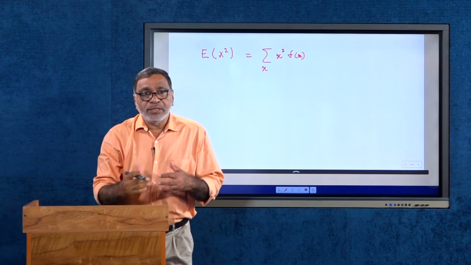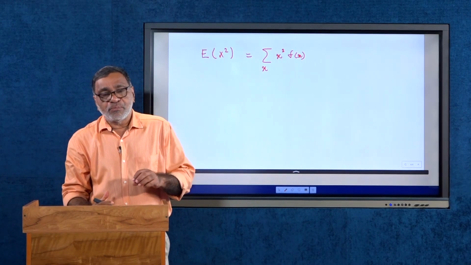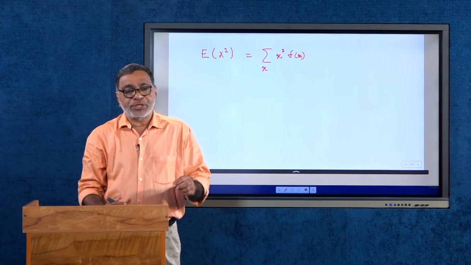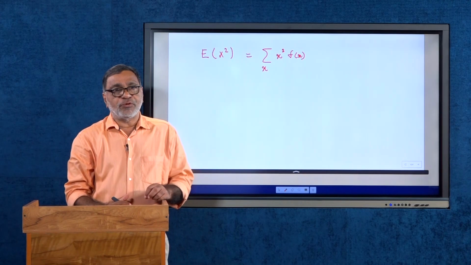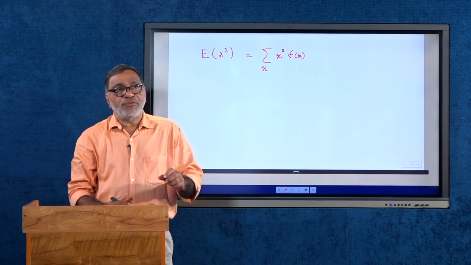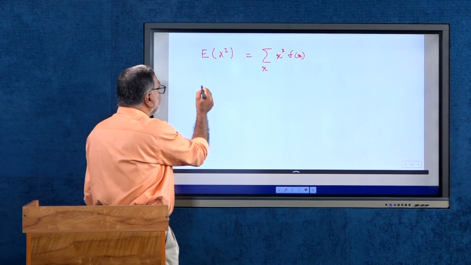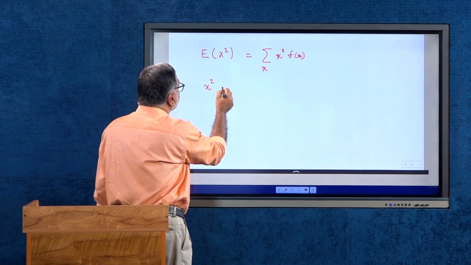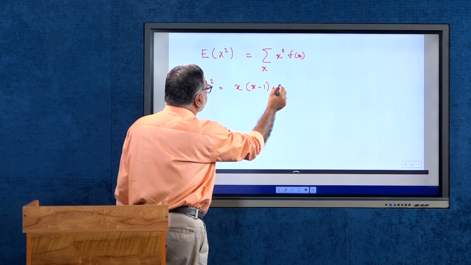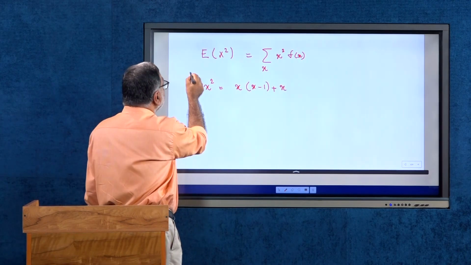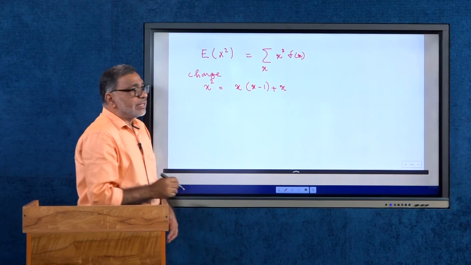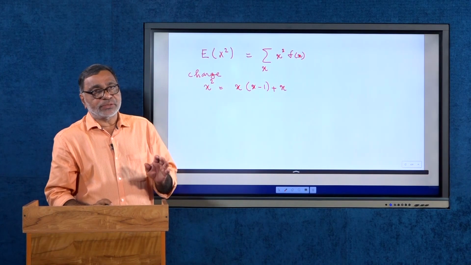The procedure for finding the expectation of X squared or X cubed or X power 4 is that you make x squared as linear factors, like x squared can be written as x into (x-1) plus x. So, change x squared as x into (x-1) plus x.